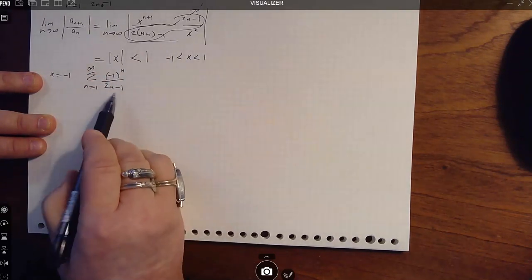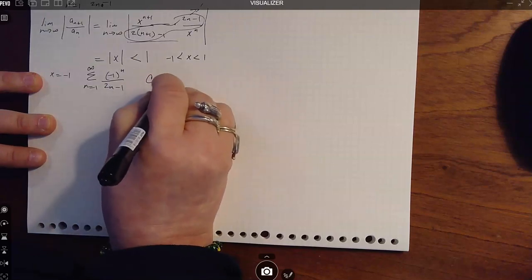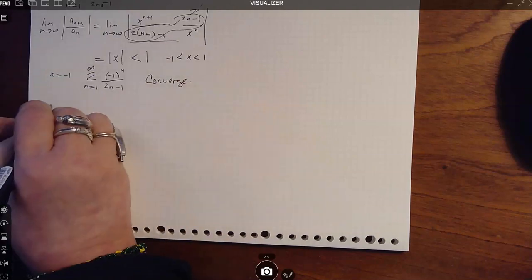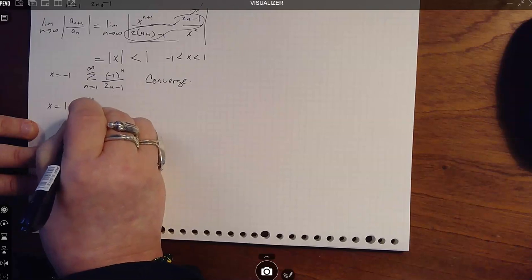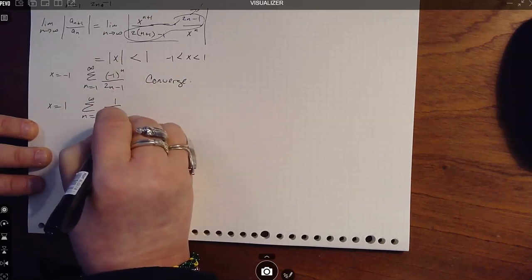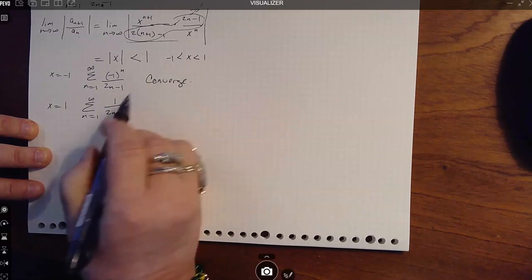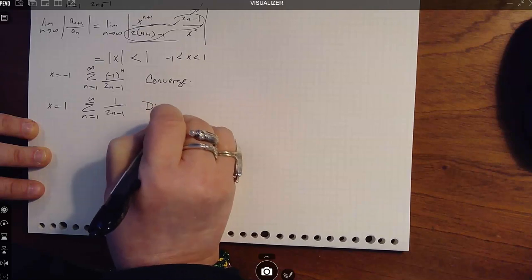It's alternating. P is equal to 1, so this will converge. If I let x equal positive 1, I get 1 to the n, which is just 1. Now it's not alternating, my p is equal to 1, so this will diverge.